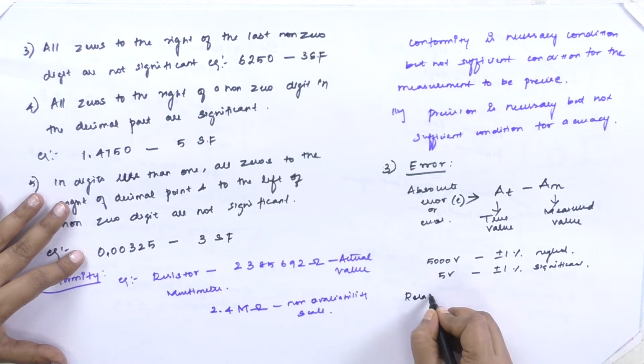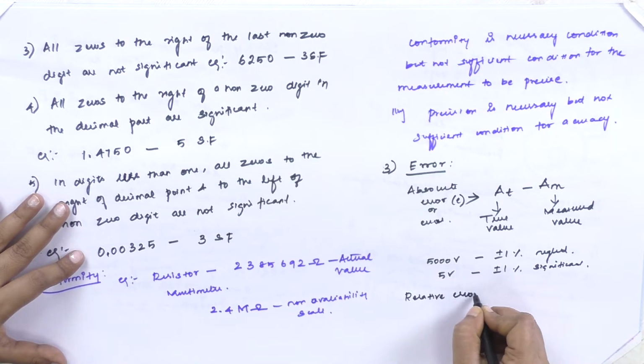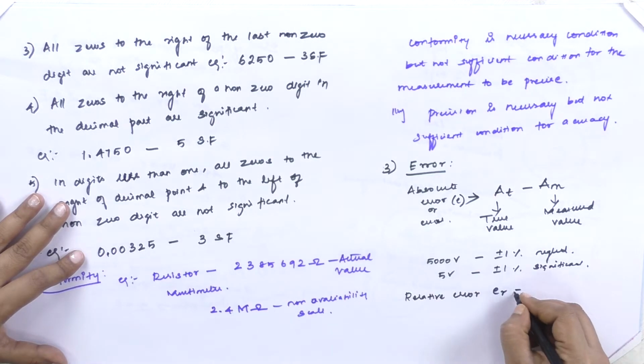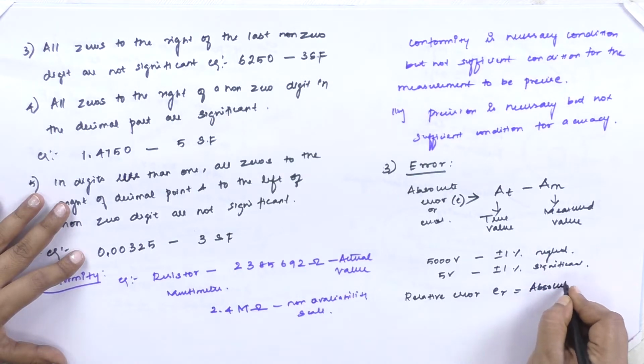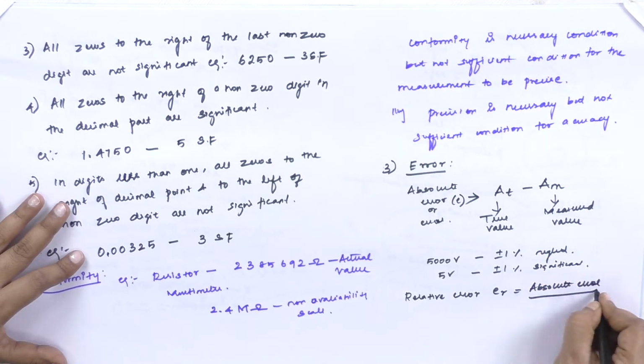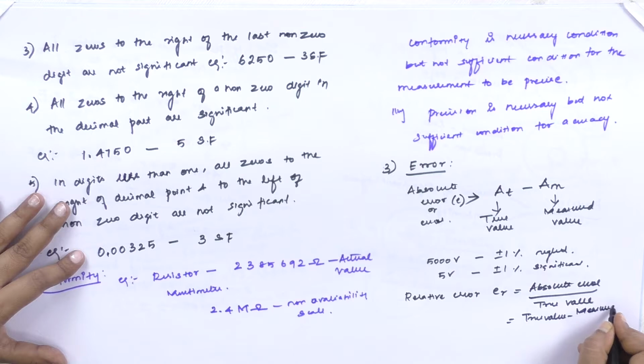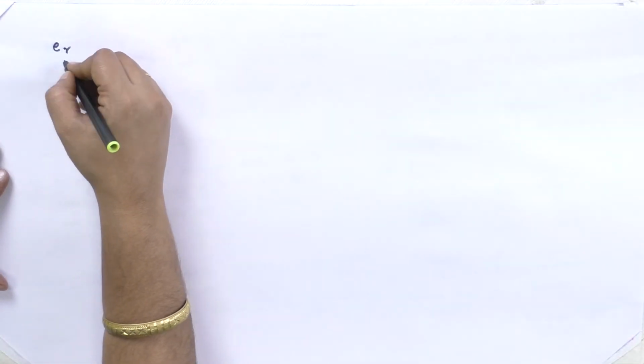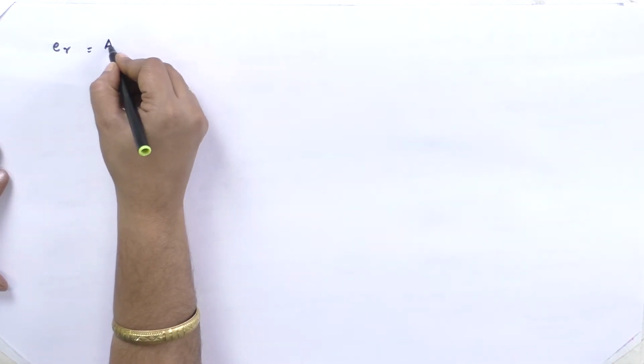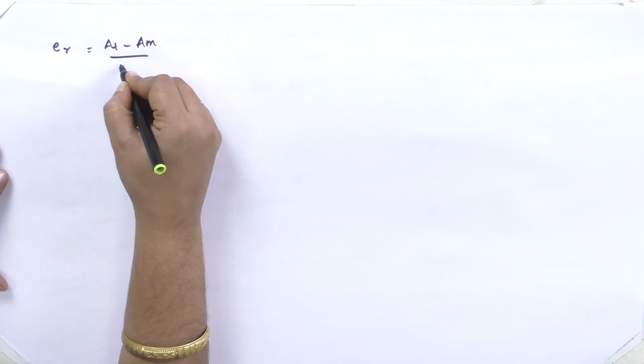The relative error is represented as ER, which is equal to absolute error divided by true value. You know that absolute error is equal to true value minus measured value. So we can represent relative error ER as AT minus AM divided by AT.